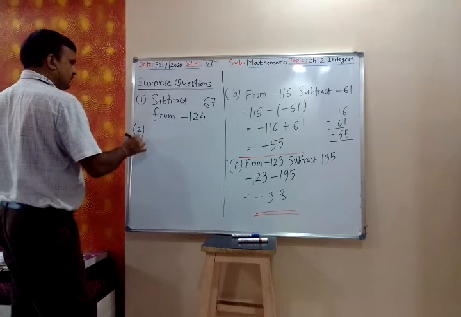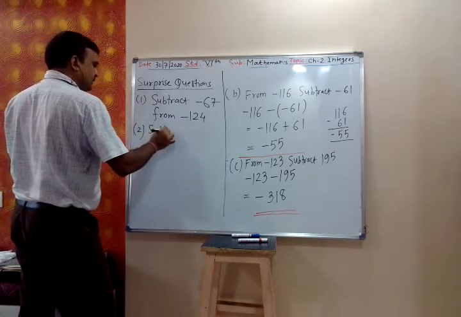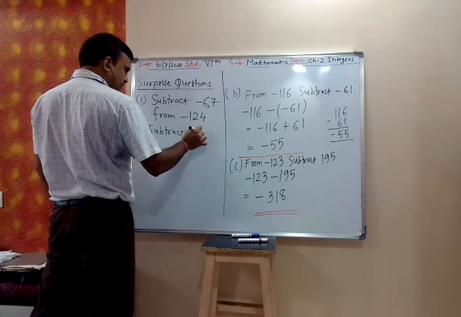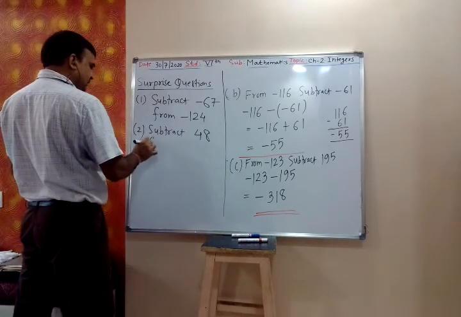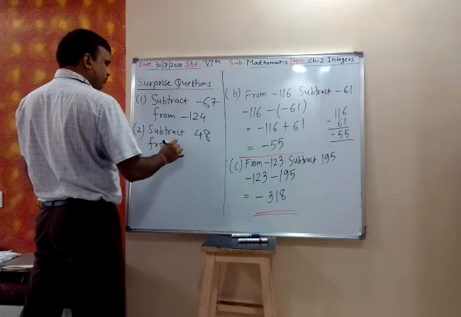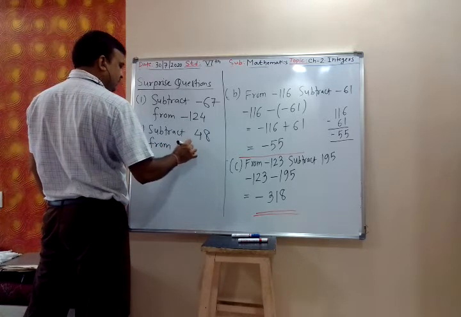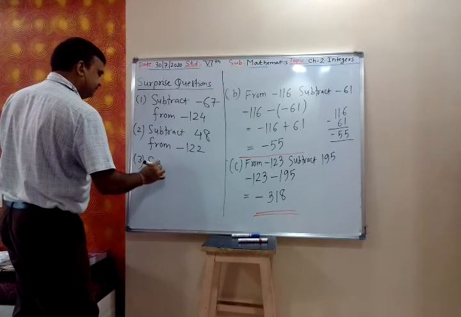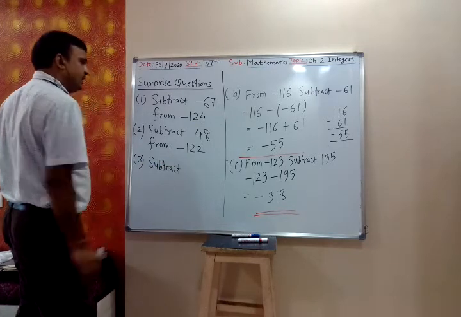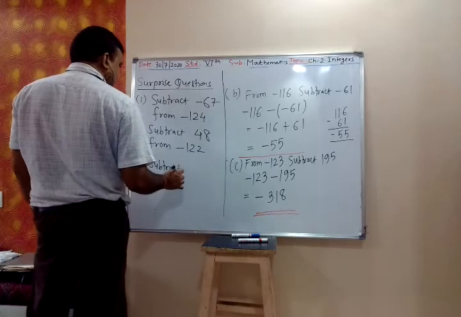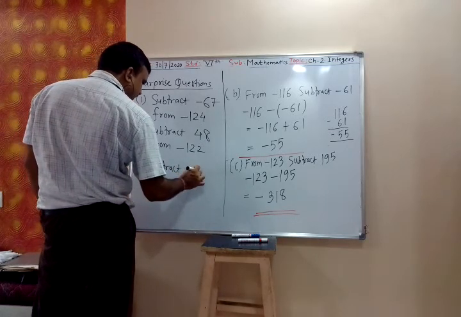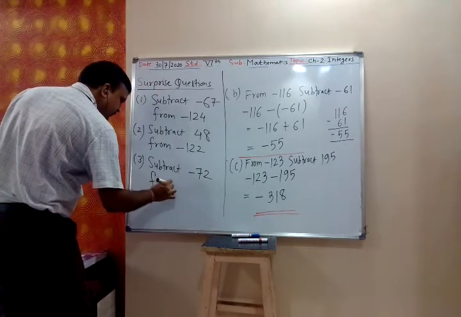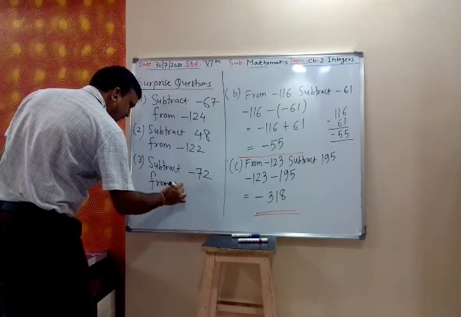Then second, subtract 48 from minus 122. Then third, subtract minus 72 from 156.